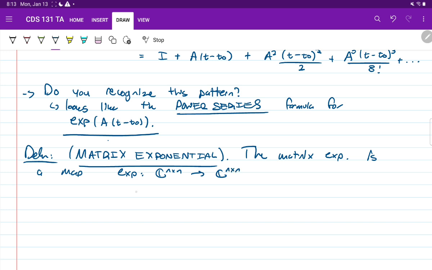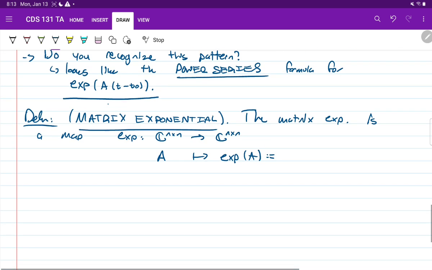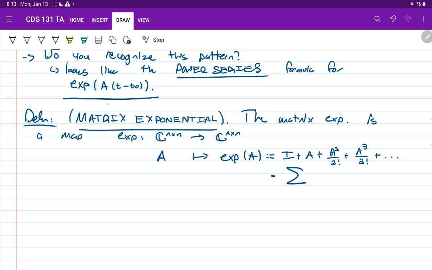And what it does is it takes a matrix A and maps it to the power series exp A equals I plus A plus A squared over 2 factorial plus A cubed over 3 factorial, and so on, all right? So if we write this out as a full infinite series, this is equal to the infinite sum from k equals 0 up until infinity of A to the k over k factorial.